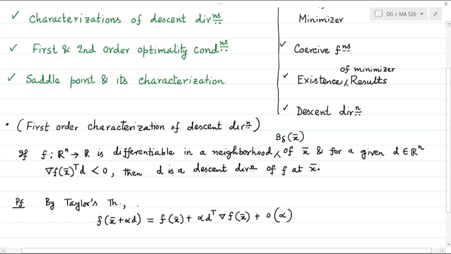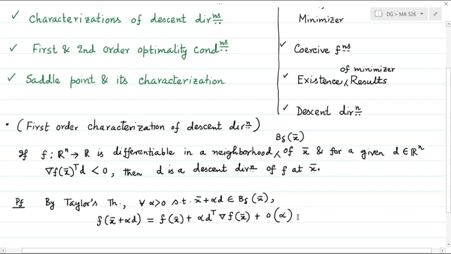Fine. So by Taylor's theorem, for all alpha greater than 0 such that x bar plus alpha d belongs to the neighborhood B delta of x bar, we have this, right?